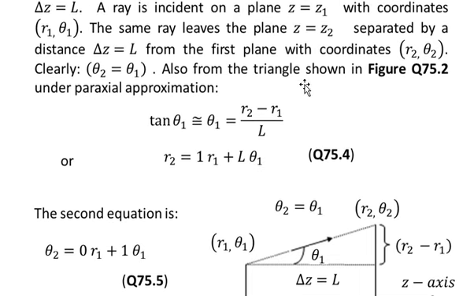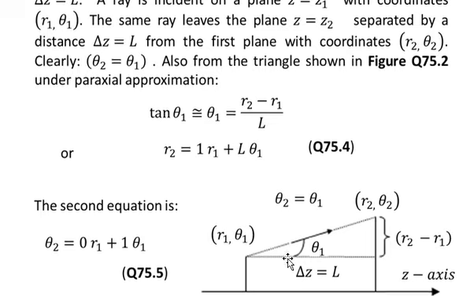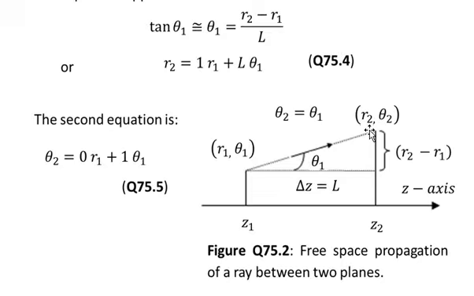Also from the triangle shown in the figure, under paraxial approximation, you see that we have this triangle. We have specified the planes Z equal to Z1 and Z2. These are the two planes. On the Z1 plane we have the two values of the input ray, R1 and θ1, which are assumed to be known quantities, and at the plane Z2 we have the two parameters which are unknown, R2 and θ2.